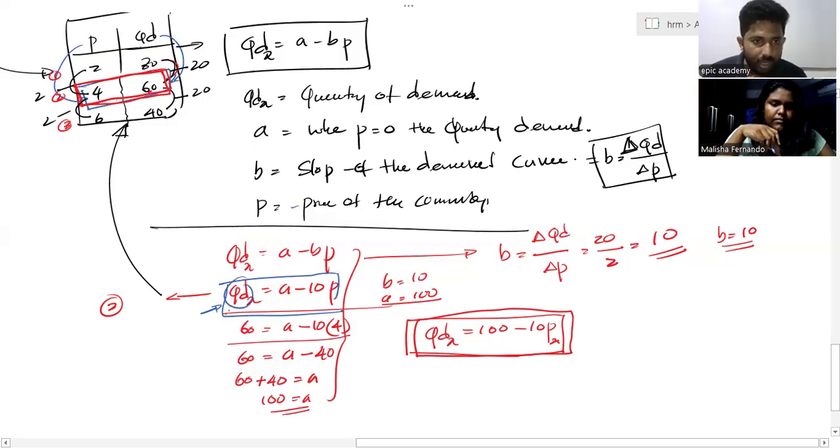For QD, we can put 60. For P, we can put 4. This is the P, this is the QD. Then we calculate it. 10 multiplied by 4 converts to 40, and the minus 40 changes direction to this side.